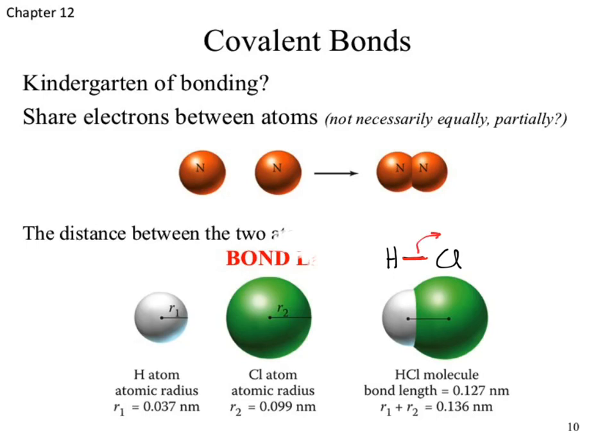Towards the chloride. If those electrons spend most of their time with the chloride, it starts to become what charge? Negative. It's stealing those electrons from the hydrogen. Well, if the chloride became negative, what happened to the hydrogen? It would have to become positive.